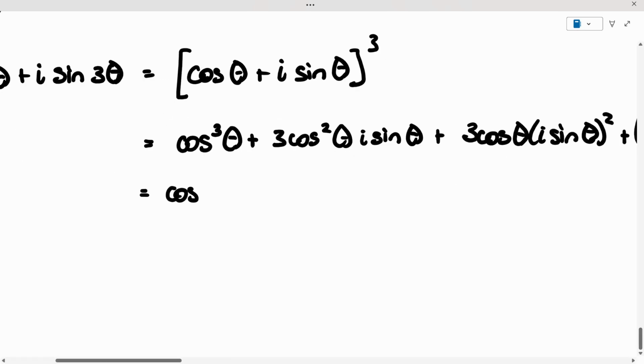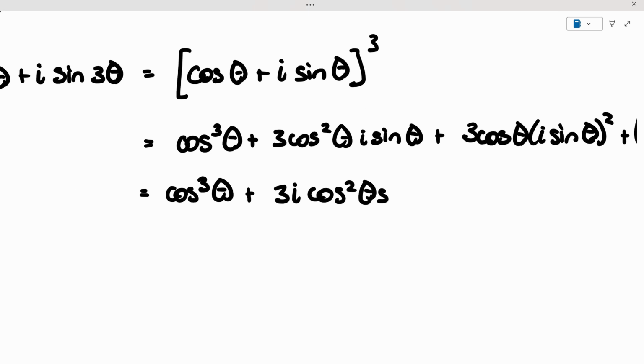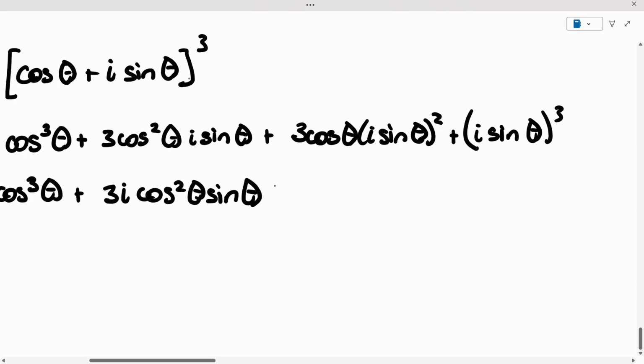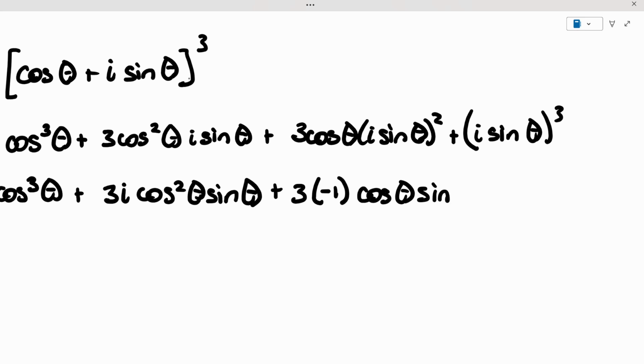We have cos cubed theta plus 3i cos squared theta sine theta plus 3, and i squared we know is minus 1, cos theta sine squared theta, plus i squared is minus 1, and we have an i left because this is i cubed, so i squared times i, which is minus 1 times i sine cubed theta.